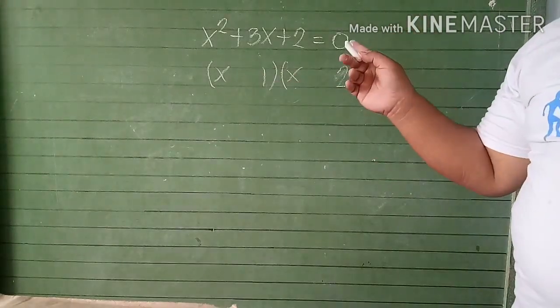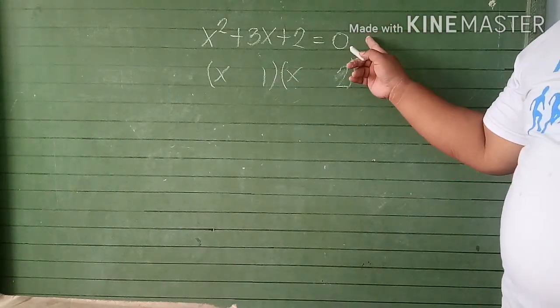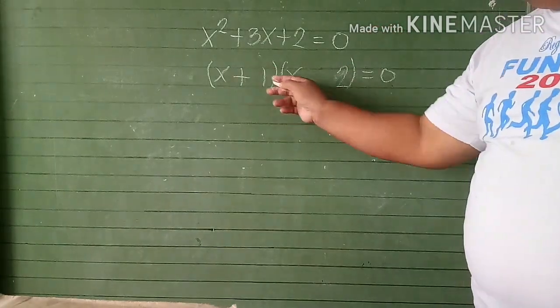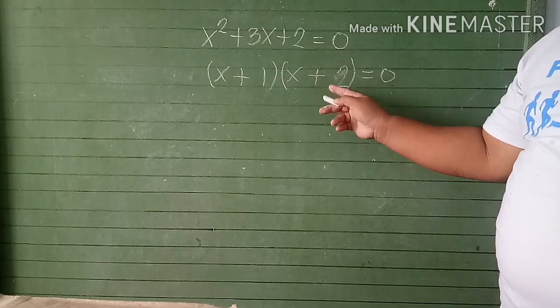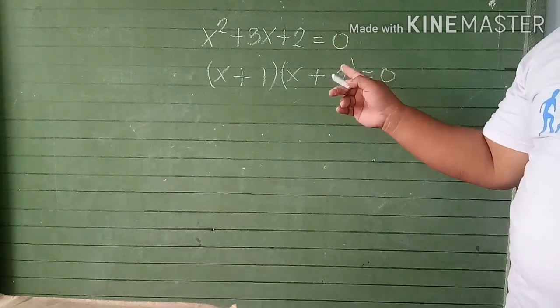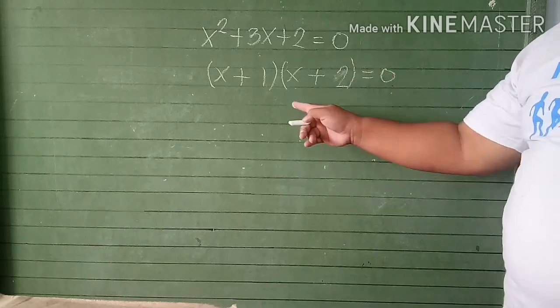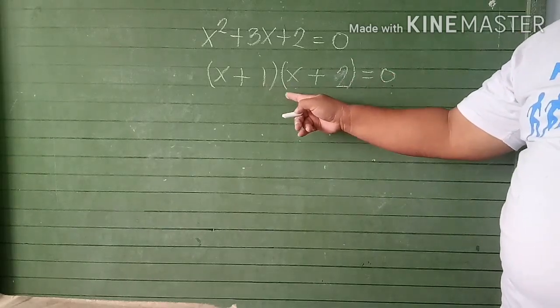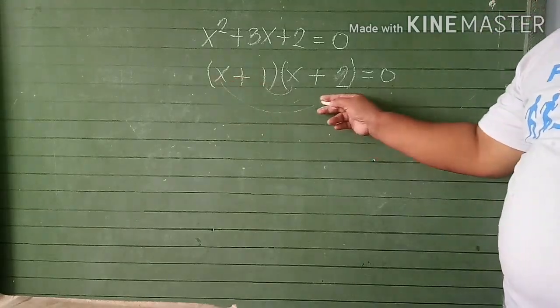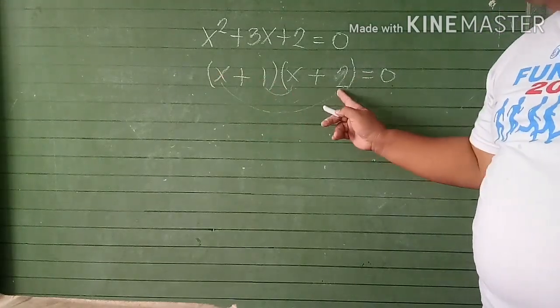And as I said earlier, class 1 contains two positive binomials. So it means that all of the binomials here are positive. To check whether your binomial is correct, you're going to multiply the inner terms. That is 1 times x, which is x, then 2 times x is 2x, and you're going to add.